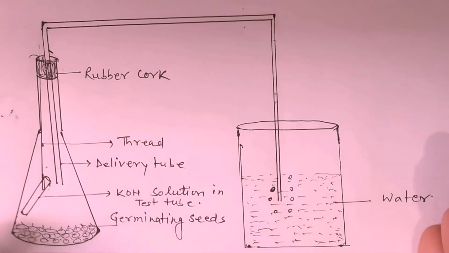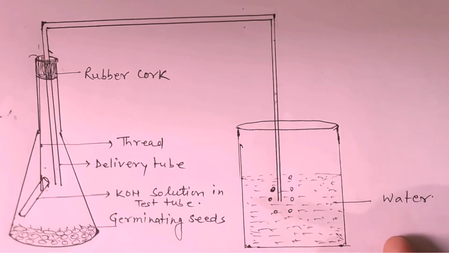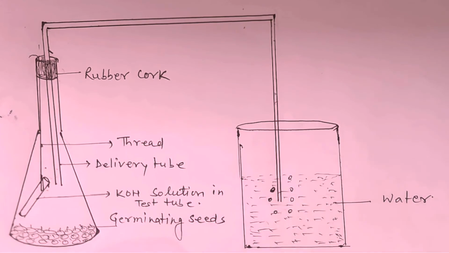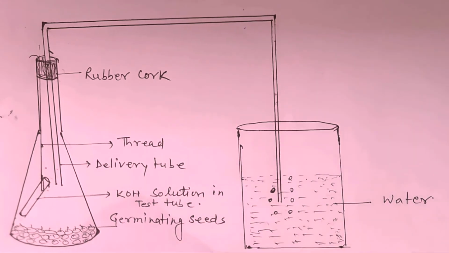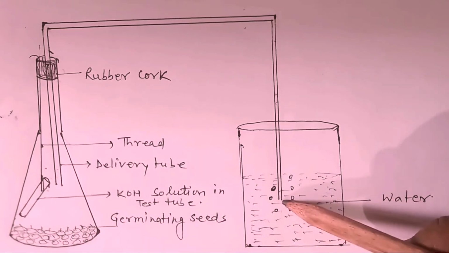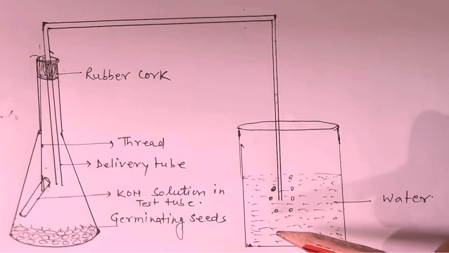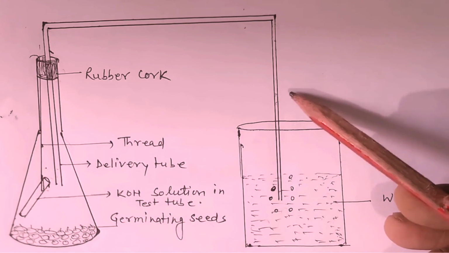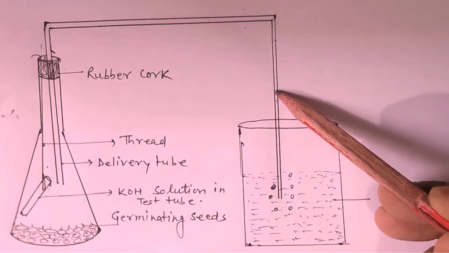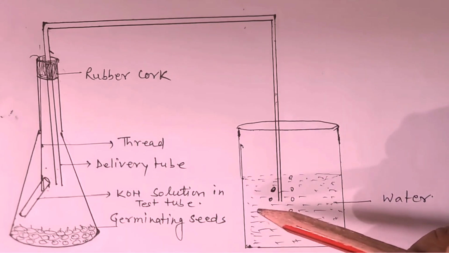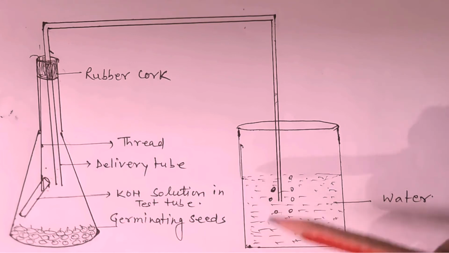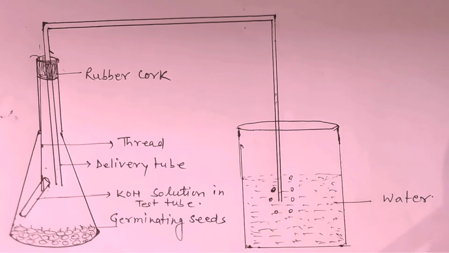Students, now you have performed the experiment and you have to write down its observation. So what will be its observation? The observation is that you have observed the rise in the level of water, which proves that CO2 is given out during the process of respiration.